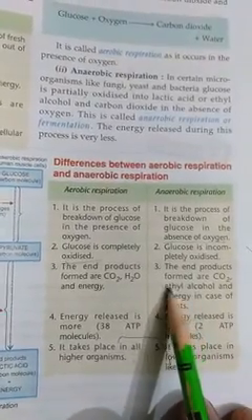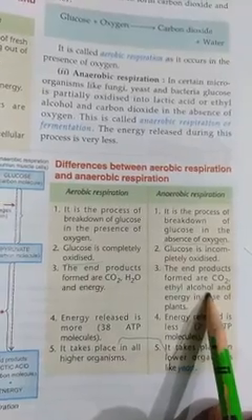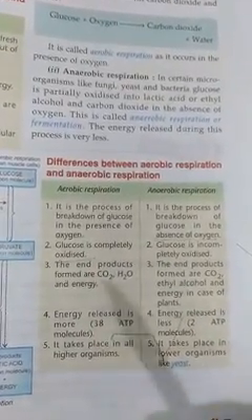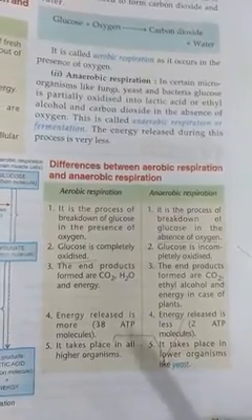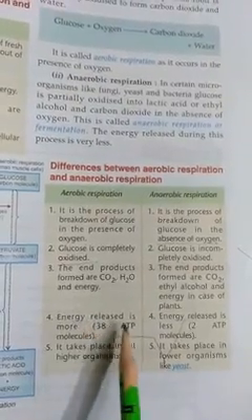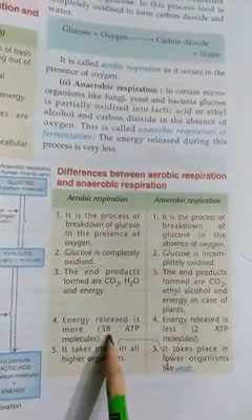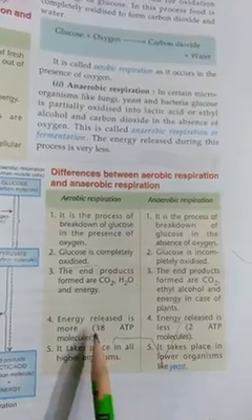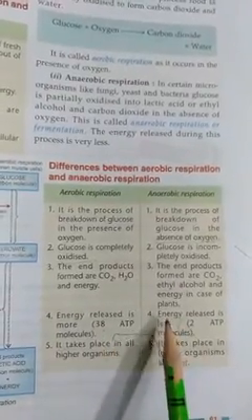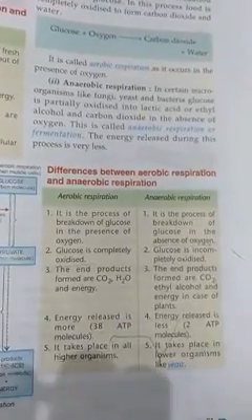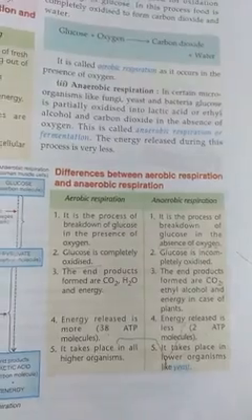In plants glucose gets converted into ethyl alcohol, or in animals or human beings glucose gets converted into lactic acid. Now fourth point: energy released is more, 38 ATP. Here energy released is very little, only 2 ATP molecules of energy are released.